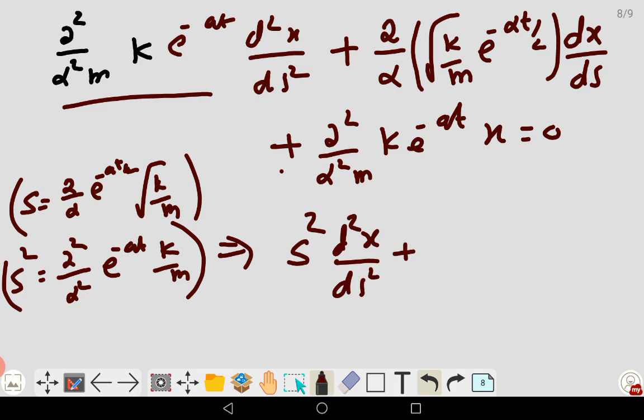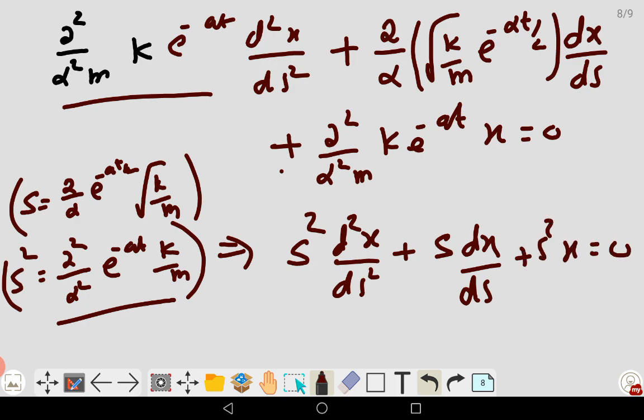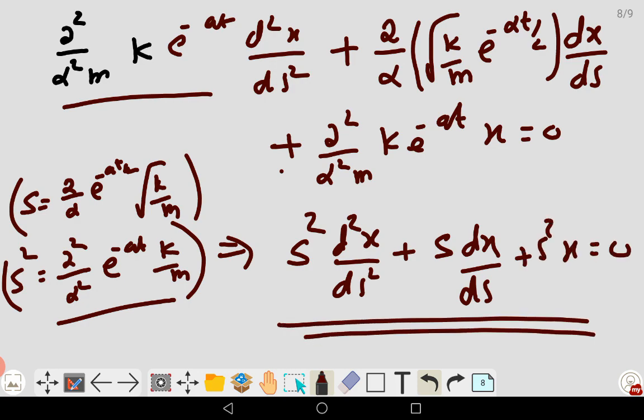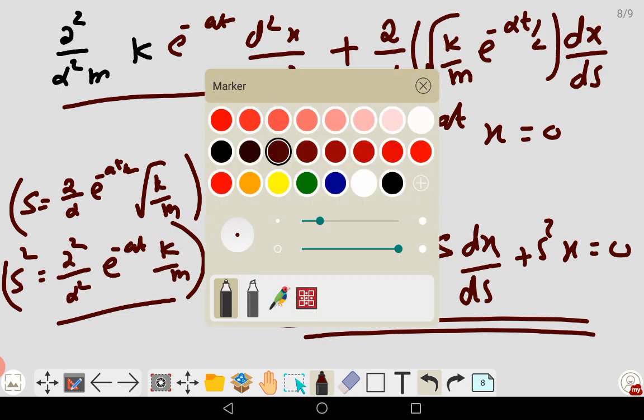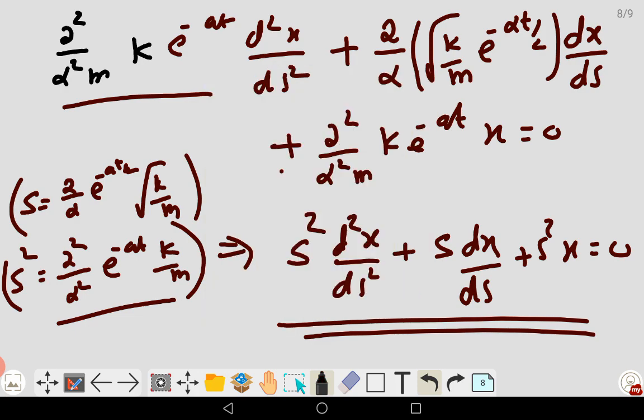Second term is 2 over alpha square root of k. This will be s times dx over ds. Finally, third term is k over m 2 square over alpha square e power minus at. This one, isn't it? Plus a square x is 0. So we have got the required differential equation. Okay, differential equation, right? That's the end of this problem.